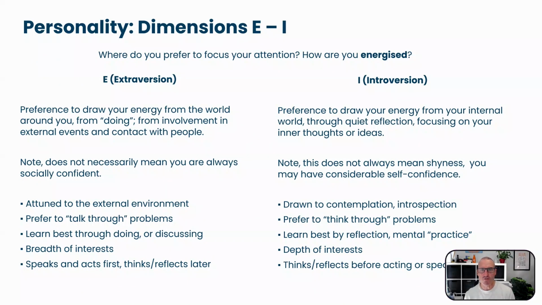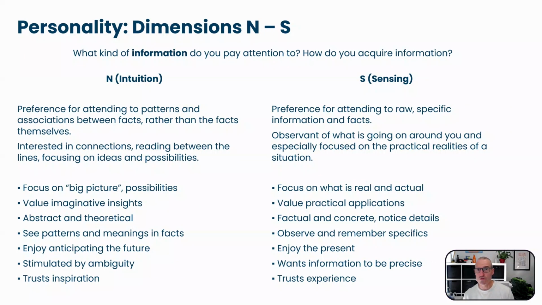For the dimension of extroversion to introversion, it's around where you prefer to focus your attention and how energized you are. So is it being around the doing and involvement of external events and contact with people, or do you draw your strength from quiet reflection? When we compare this to what kind of information you'll pay attention to, we're looking at the scale of intuition and sensing.